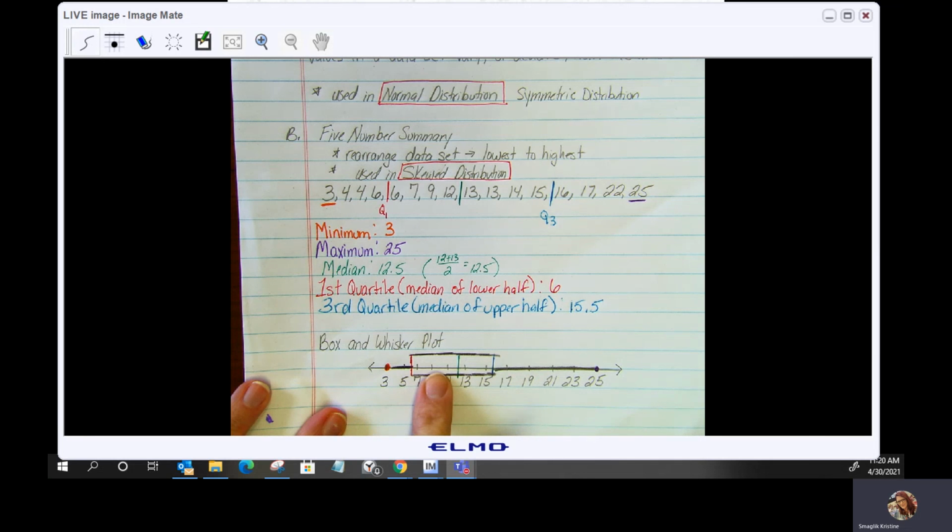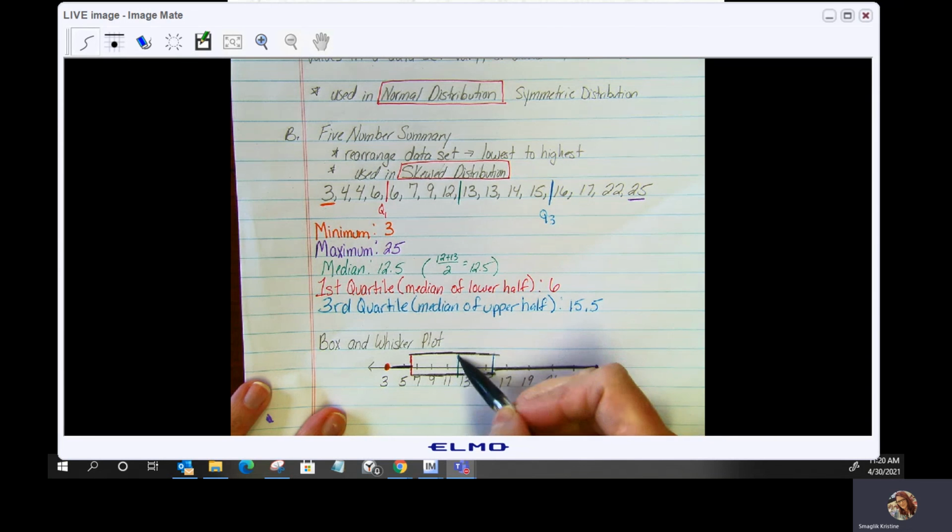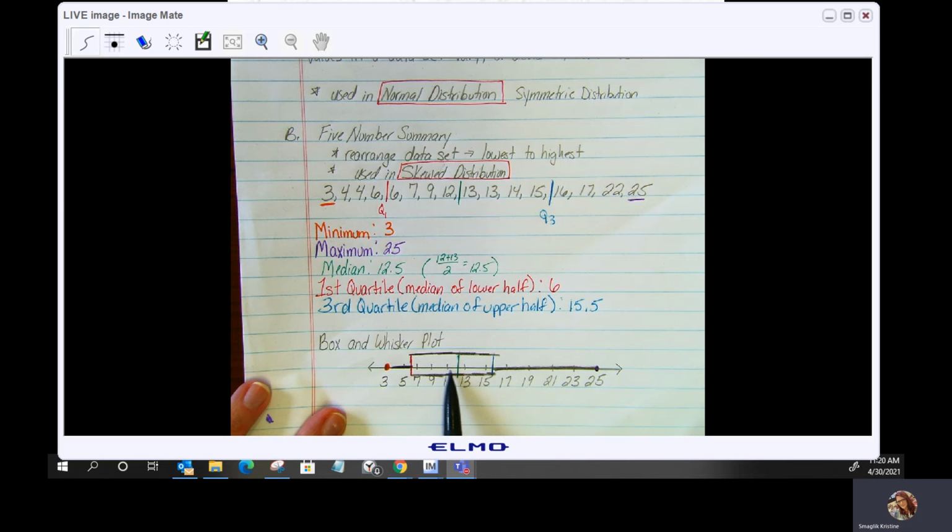If we would have a symmetric distribution, my whiskers would be about the same size, and this bar, the median, would be in the middle of the IQR of my box. So that would mean quartile 1 to the median would be the same distance as the median to quartile 3. So let's take a look at that numerically.